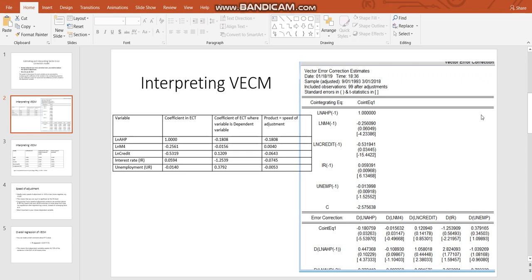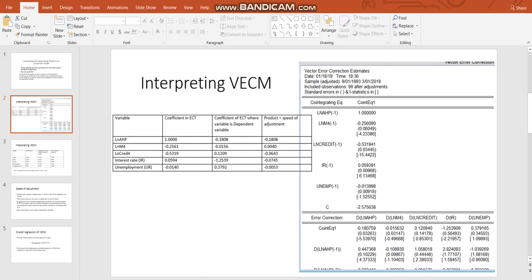In the previous video I introduced the topic of the speed of adjustment and how you calculate it, and how it's an important point to include when you're analyzing your vector error correction model. I've just calculated a table here for the speed of adjustment.